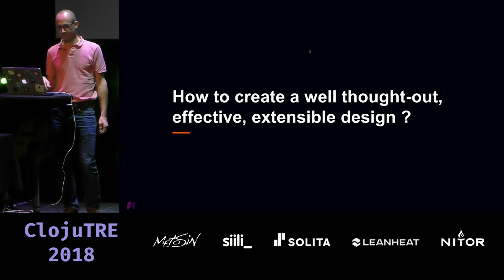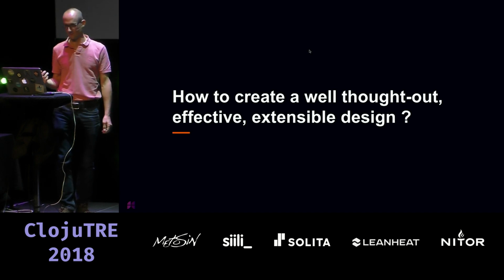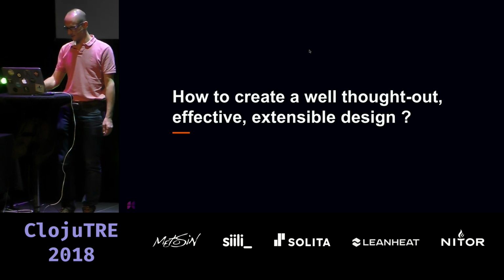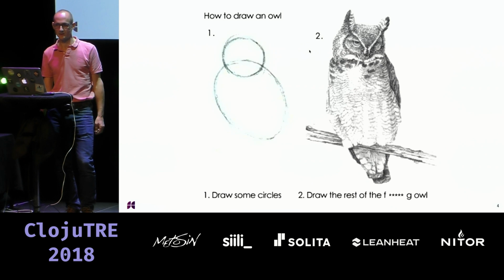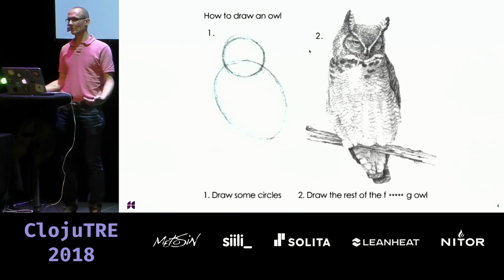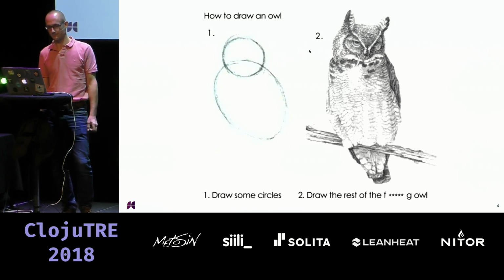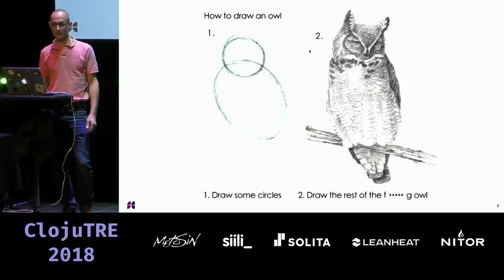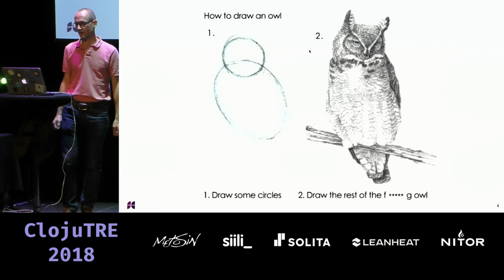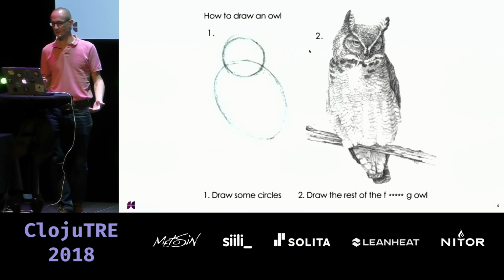So my question is, how do we create a well-thought-out, effective, and extensible design? For me, it's similar to how you want to learn how to draw properly. To draw properly, you need to acquire skills using different techniques.